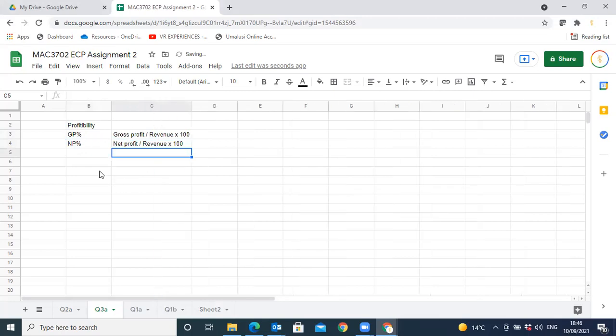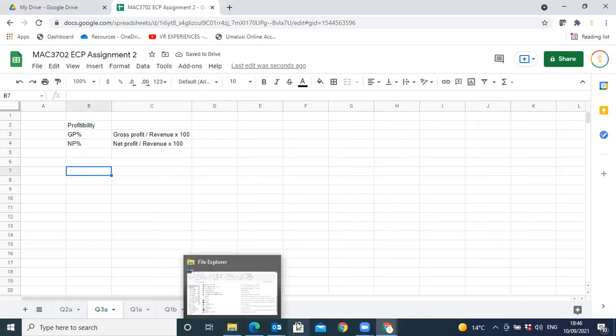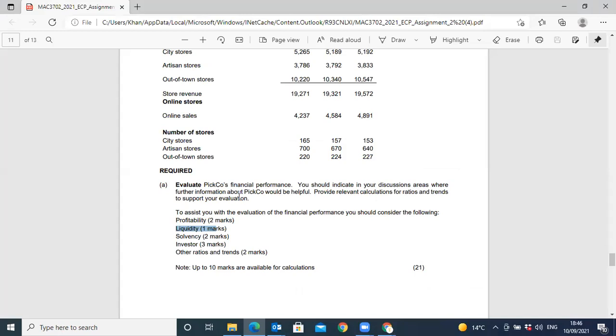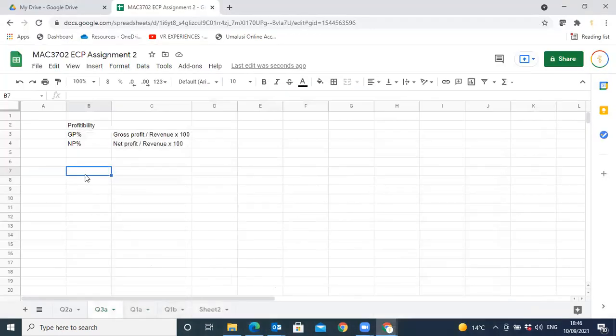Okay, then they say evaluate, because you should indicate in your discussion areas where further information should be obtained. Liquidity ratio would be the current ratio.